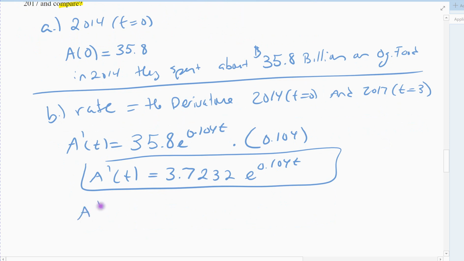Find it at time 0, that would be 2014. Well, that's that number out front, because the exponential becomes 1, since I put a 0 in there.